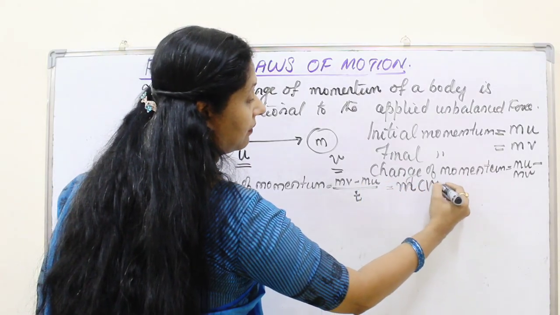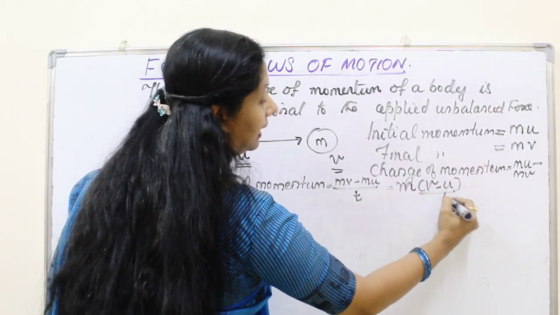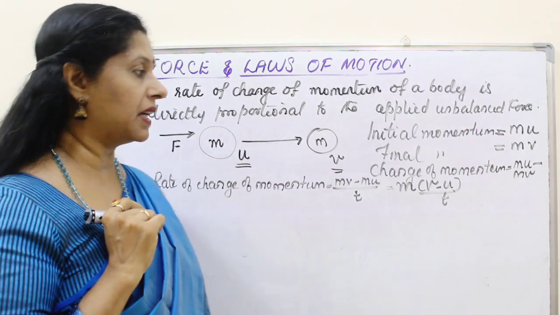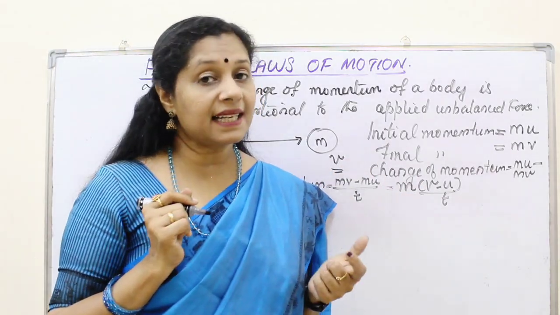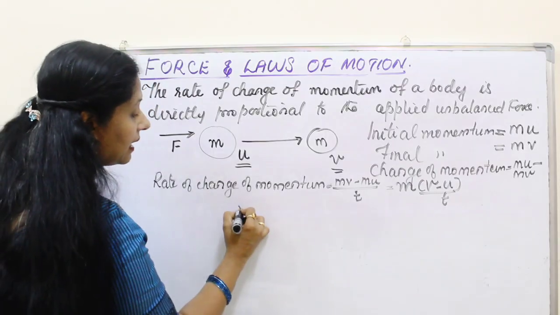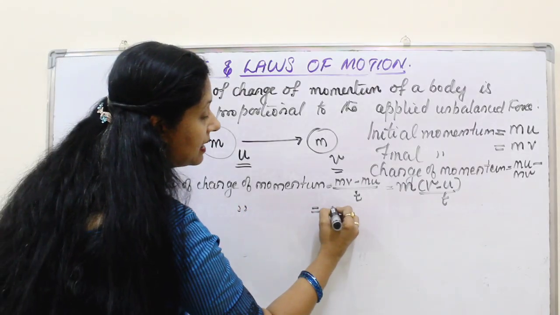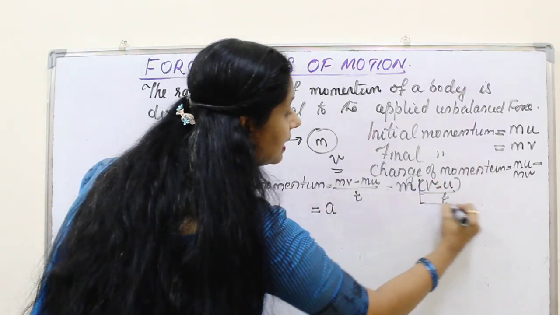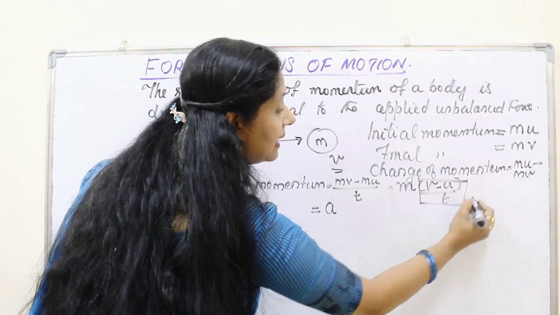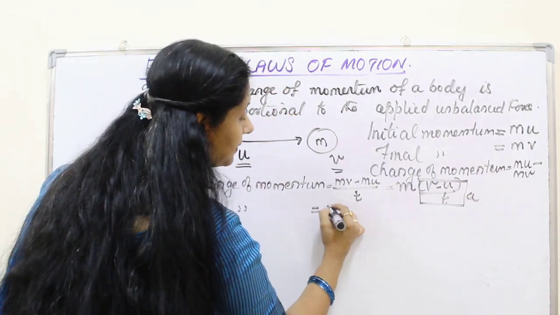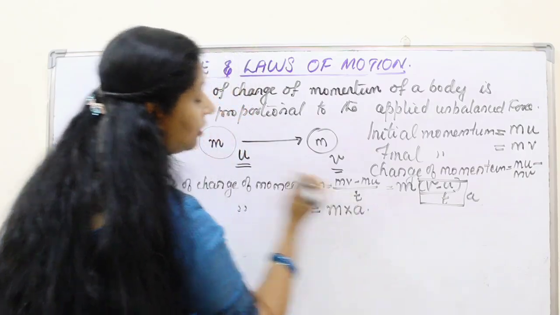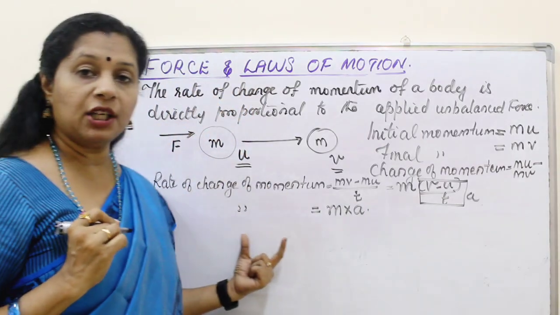So what will I get? v minus u upon t. But we have heard this somewhere. Change in velocity by time. What is it? That is called acceleration. So rate of change of momentum means m into acceleration, because m into v minus u by t is mass into acceleration, or we can write ma. Rate of change of momentum is m into a.